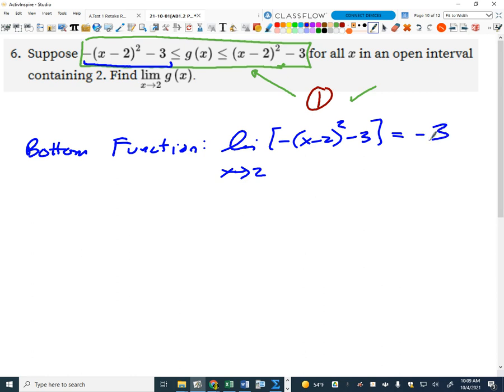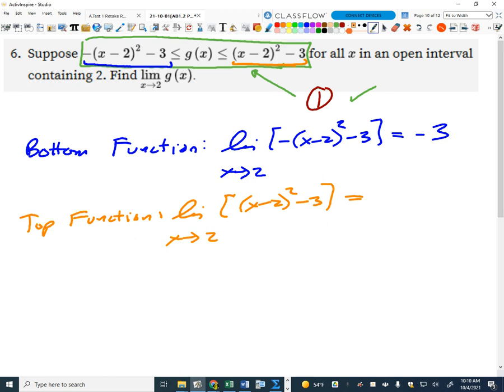Yeah, good. Okay, how about the top function? So that's this guy right there. So the limit of the quantity x minus 2 squared minus 3 as x approaches 2 is what? What's that one? -3. So criterion 2 has been met, right?